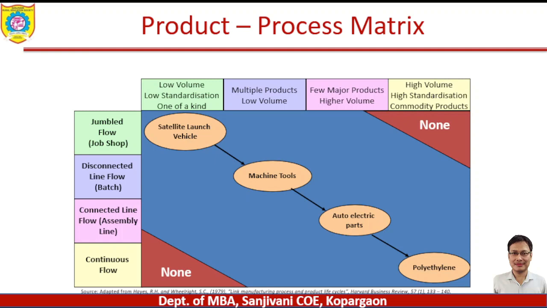And the fourth product example given here is polyethylene. Polyethylene is a byproduct of oil refinery from crude oil, also one of the byproducts apart from petrol, diesel, kerosene, LPG, etc. So these products are manufactured in huge volume, but only one variety or a few varieties.